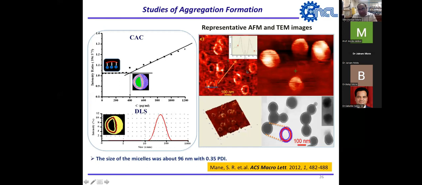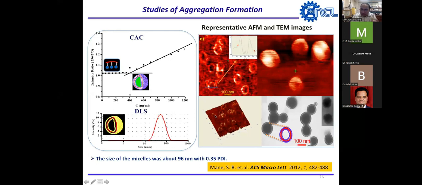These are the typical images from AFM, atomic force microscopy, and this is the transmission electron microscopy. Here you can see this polymer self-assembles in such a way that it has a halo in the middle. You can see the typical height is around 5 nanometers and the width is 96 nanometers, like spherical structures having a halo in the middle.